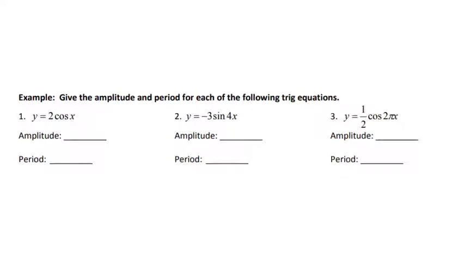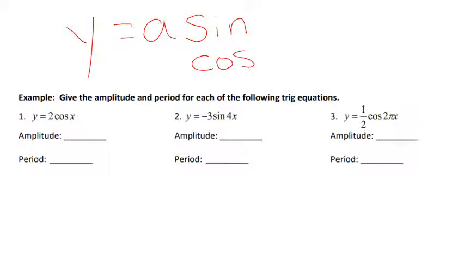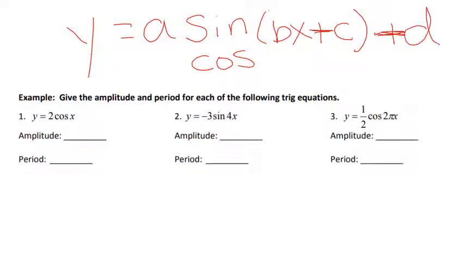So looking at a couple examples, remember we have y equals a, either sine or cosine, times bx plus c, plus d. We'll get into c and d another day. We're not going to do that today. We're only going to talk about the amplitude and the frequency and how it relates to the period.